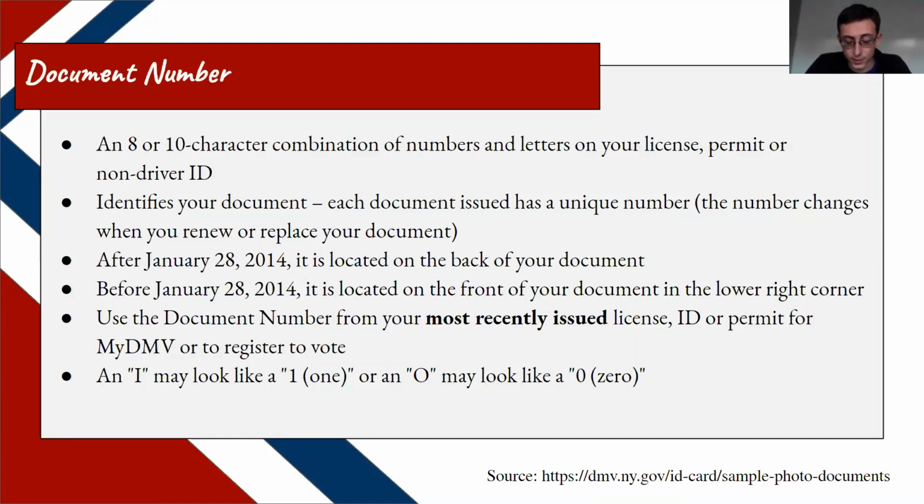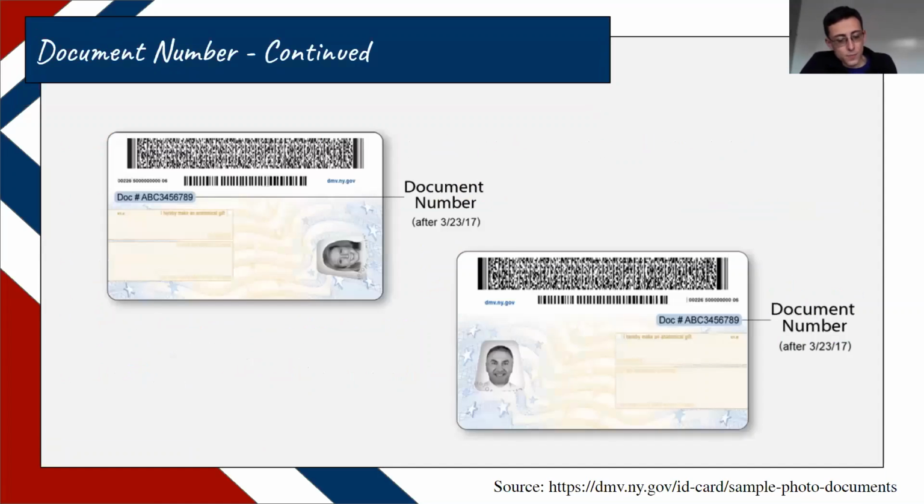Before January 28, 2014, it was located on the front of your document in the lower right corner. Make sure you are using the document number from your most recently issued document. Please note that an I may look like a 1 or an O may look like a 0. And here are some images of where you can find your ID number on your New York State identification.